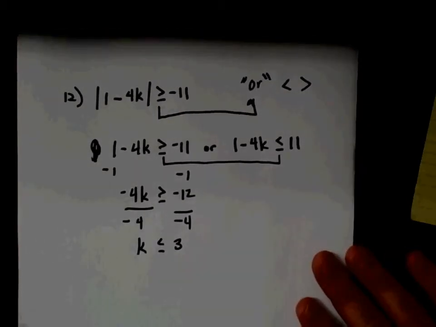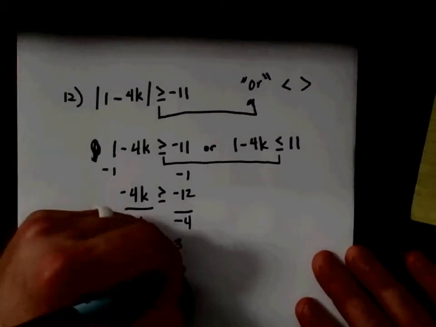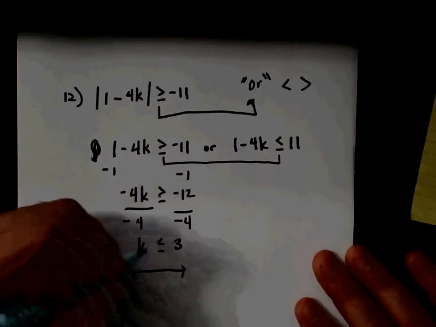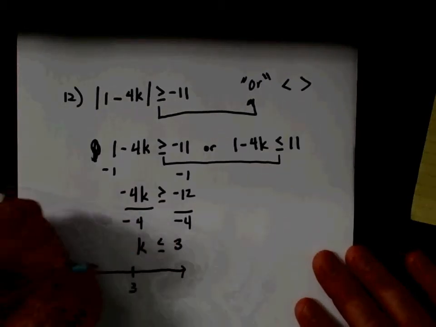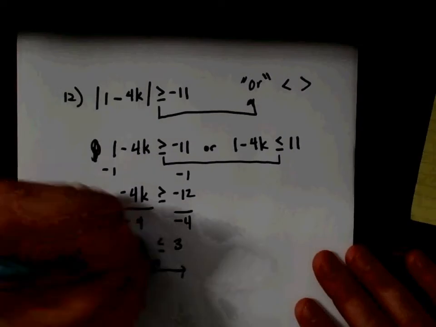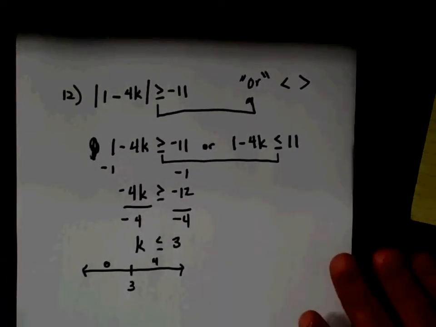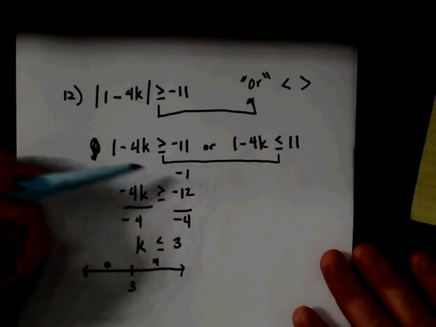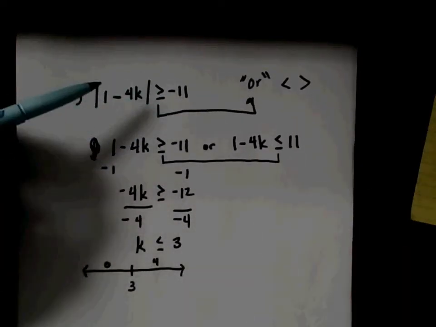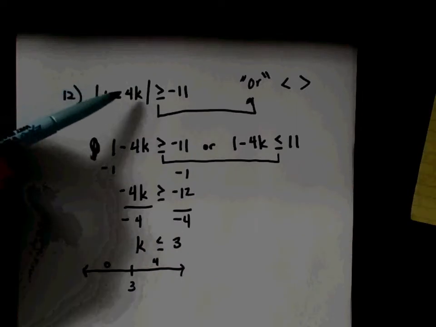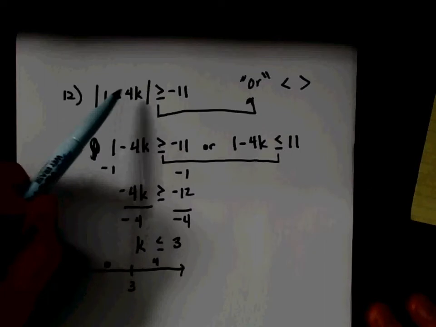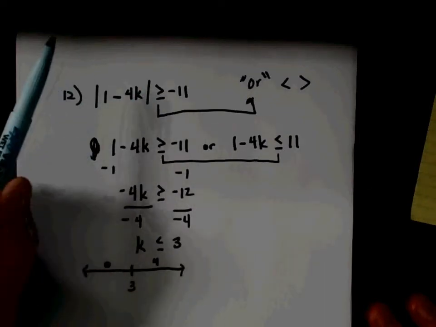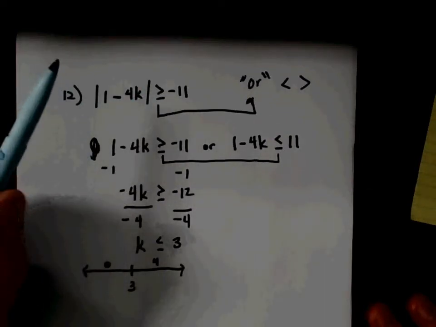Now I'm going to look at these separately first. So I'm going to check 0 and I'm going to check 4 to see which way it's shaded. I plug that into my inequality right here, or up here at the top. That doesn't matter. So I plug in 3 for my k. That's going to be 1 minus 12. What is 1 minus 12? 11.